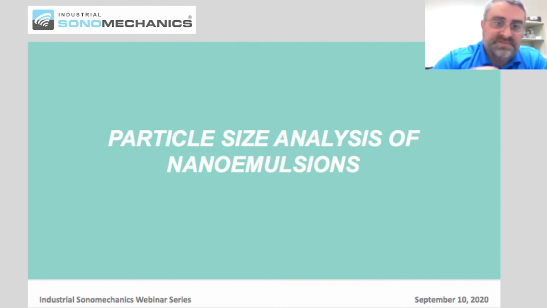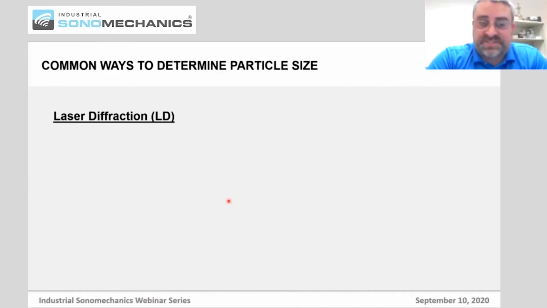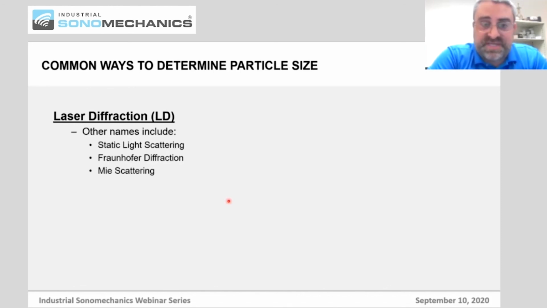So the common techniques that we use, one is called laser diffraction. This is primarily in the micron range, but you can get down into the nano range. Other names for this technique are static light scattering, or Fraunhofer diffraction, or Mie scattering. The typical size range for this technique is 100 nanometers to about 1 millimeter.